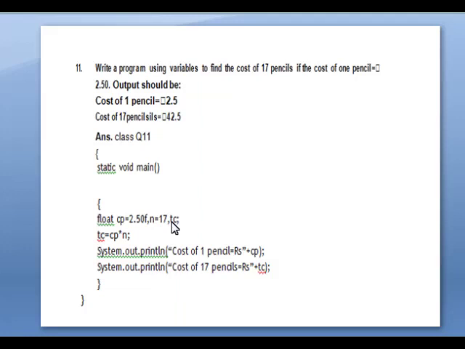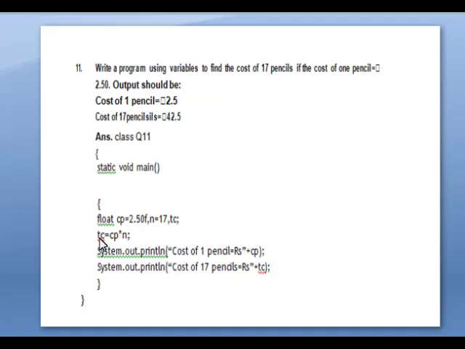So total cost of the 17 pencils we have to find out, so TC. TC equal to cost of the pencil into number of pencils. So cost of the one pencil is 2.50 into number of pencils 17. So 2.50 into 17, that is the total cost of the pencils.